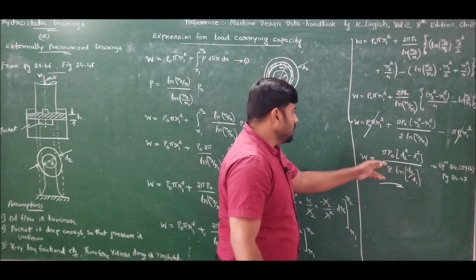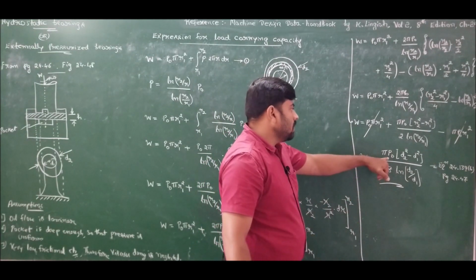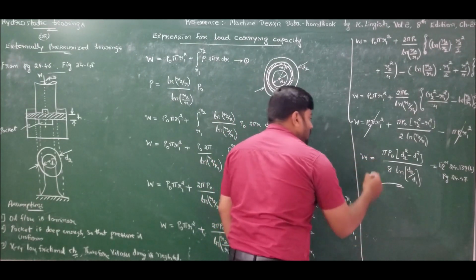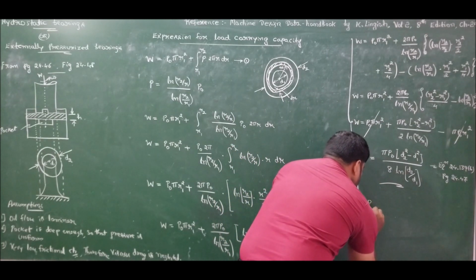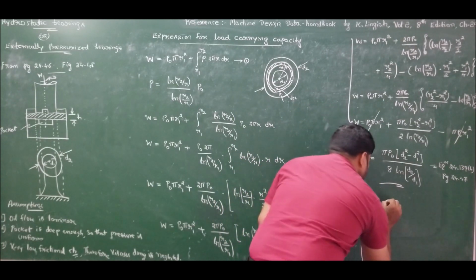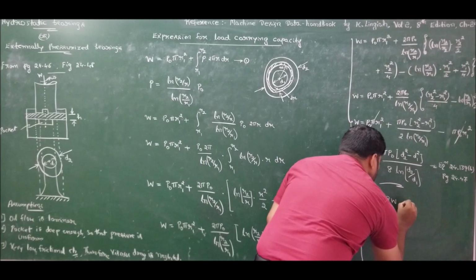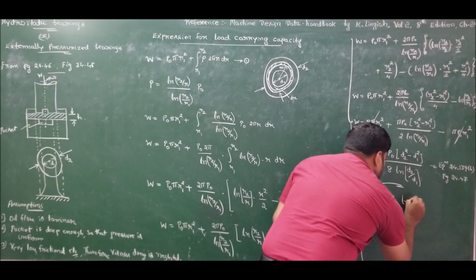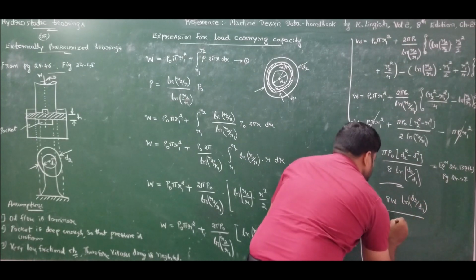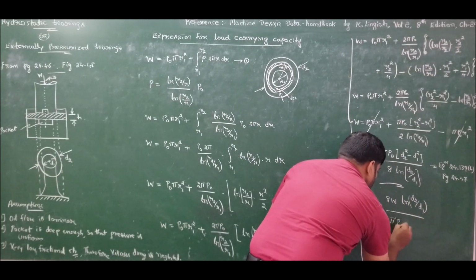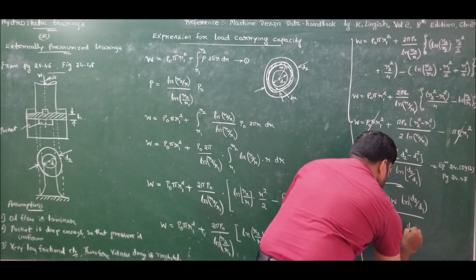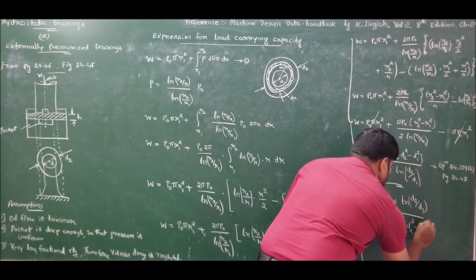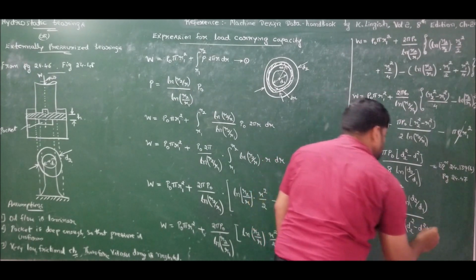Now rearranging it, I will get the expression for pocket pressure. P naught is equal to 8W ln of d2 by d1 divided by pi times d2 square minus d1 square.